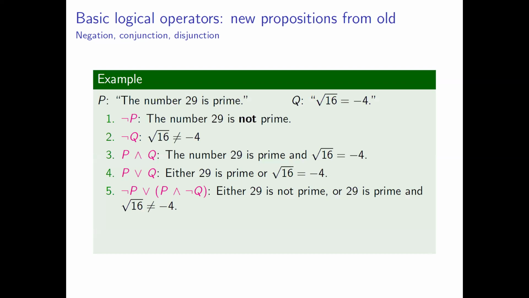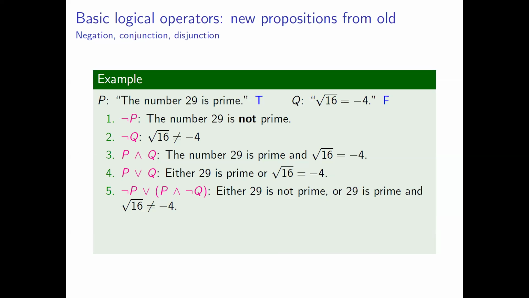Let us apply these to find the truth values of the statements in our previous example. Our two propositions are the statement P, the number 29 is prime, and the statement Q, the principal square root of 16 is equal to -4. The proposition P is true, while the proposition Q is false.